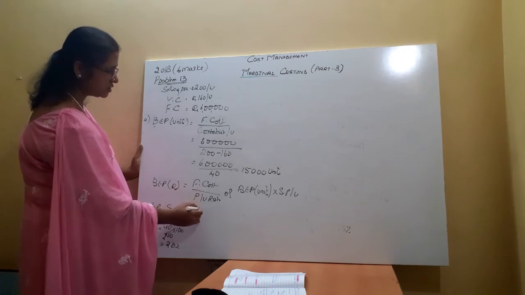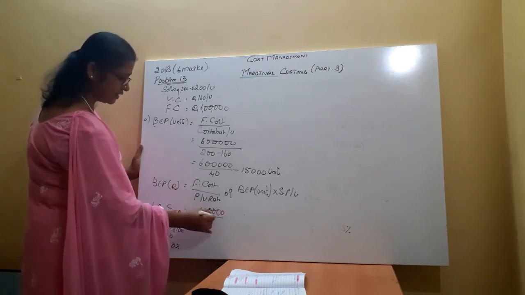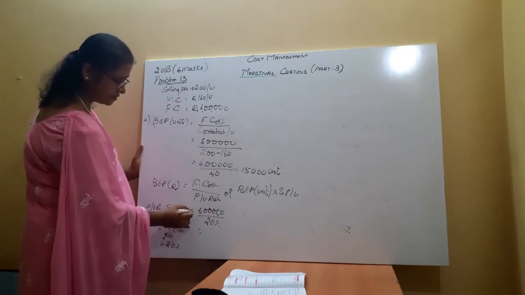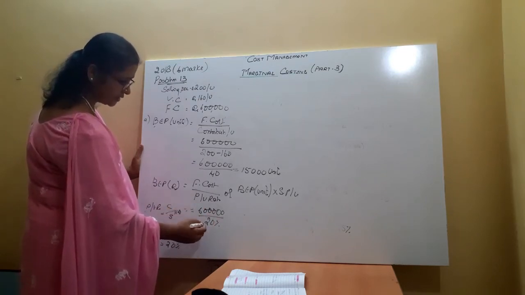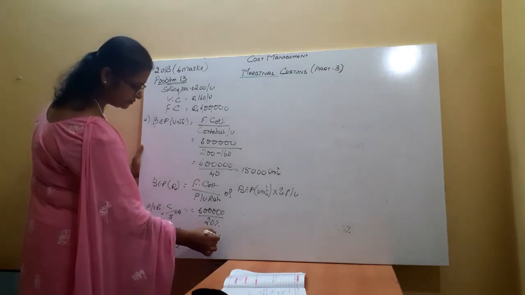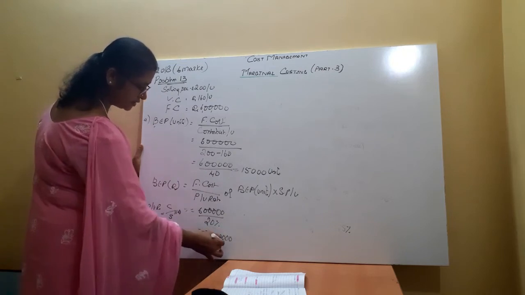So fixed cost they have given you as 6 lakhs divided by 20%. You get the answer, BEP in rupees, as 30 lakhs. Rupees 30 lakhs. Let us check now.